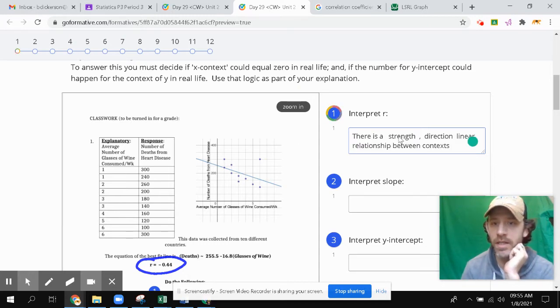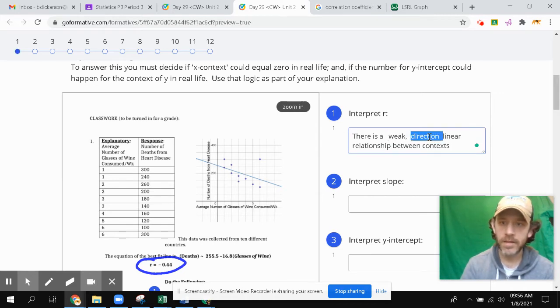So I need to change now the things that we talked about up there, right? With a negative 0.44, we said the strength, it's weak. We said the direction is negative. What's our context? You can look at the equation of the line where it says glasses of wine and deaths, that's enough, or we can just copy off of the table, right?